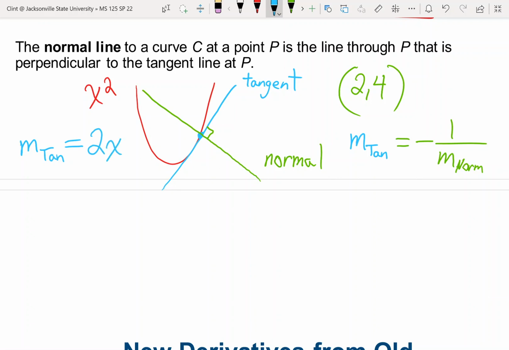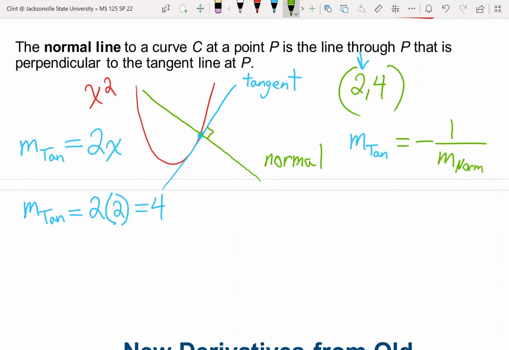That's our derivative, using the power rule. And if we're going to use this x value, what's the slope of our tangent line going to be at x equals 2? Just 2 times 2. So the slope of our tangent line at the point 2, 4 would be 4.